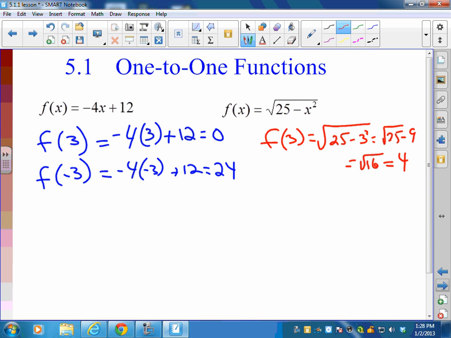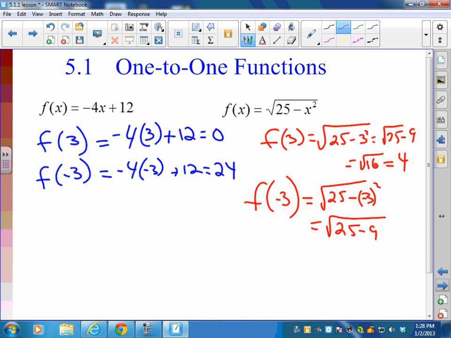Okay, so if I do the same calculation again with negative 3, what am I going to get for an answer? If we work this out, 25 minus negative 3 squared, I'm going to get the same thing, right? 25 minus 9 equals the square root of 16, which equals 4.